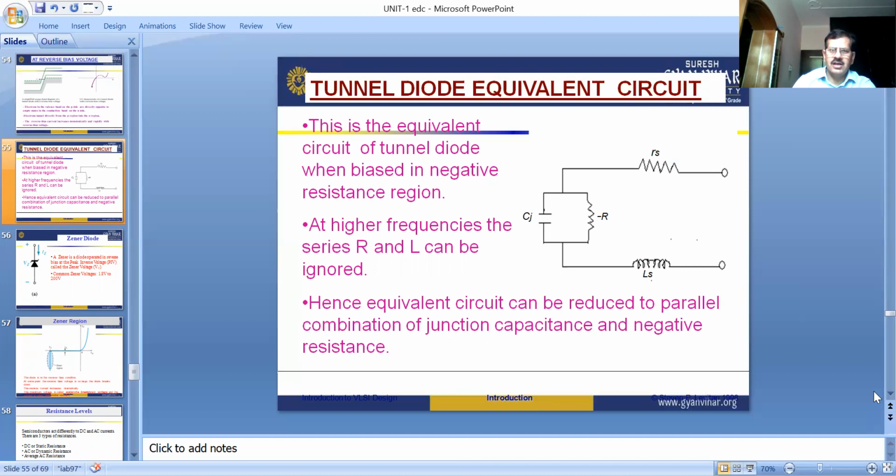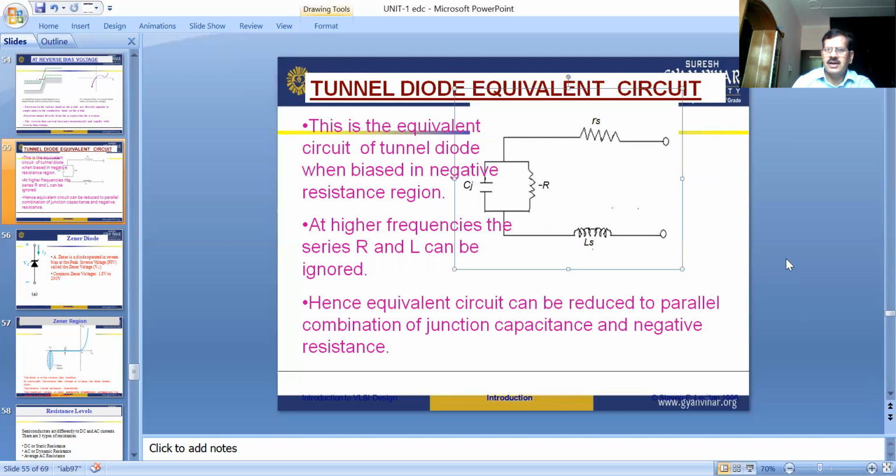So the equivalent circuit is reduced to only two components, the resistance and capacitance, which are connected in parallel to each other. So this is the tunnel diode equivalent circuit.